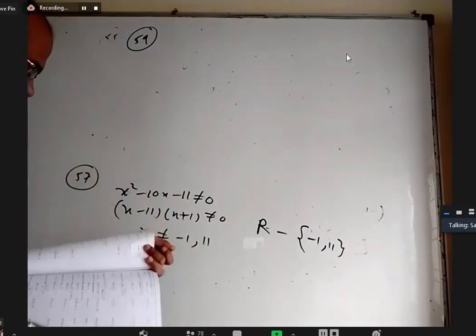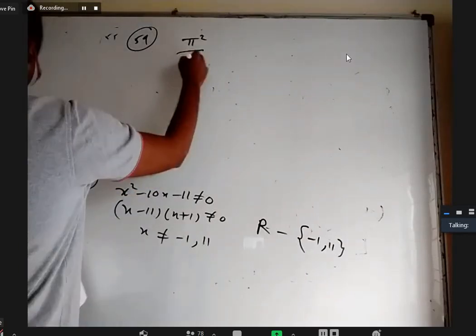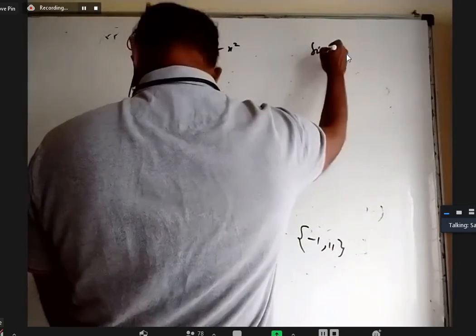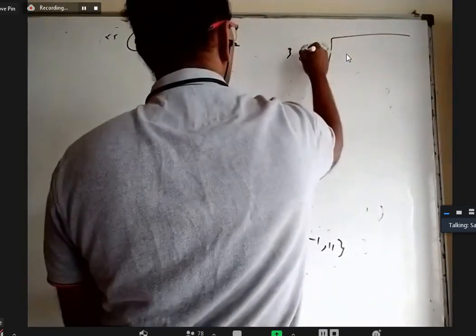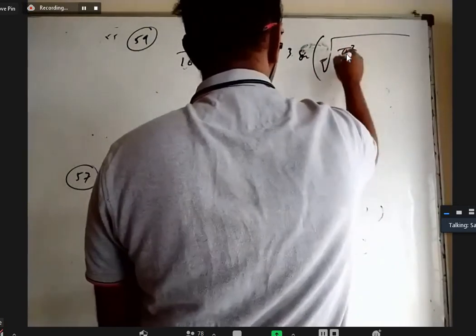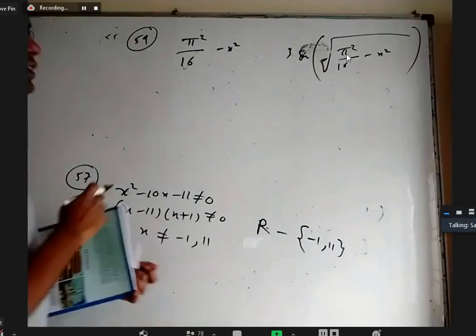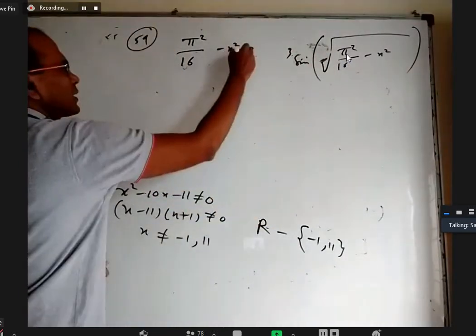The square root, what is there? That should be greater than or equal to 0. So pi square by 16 minus x square. The question was sine of square root of pi square by 16 minus x square. So sine of something is always defined, but the root should be greater than or equal to 0.